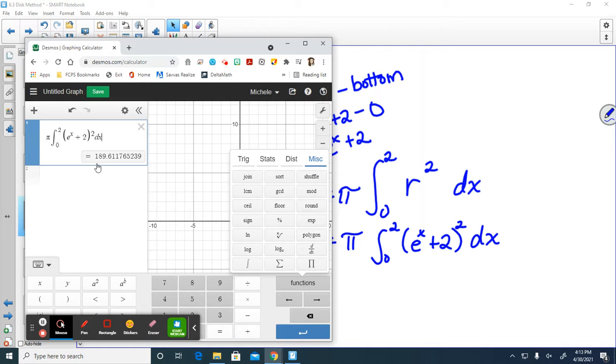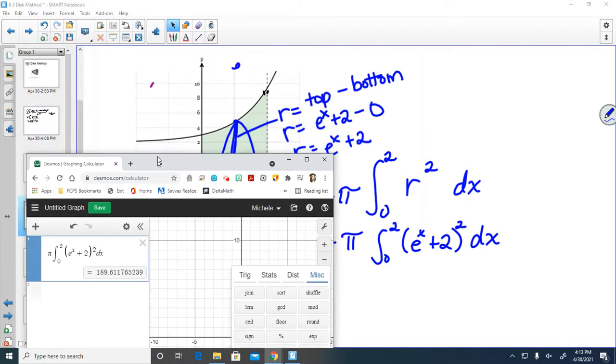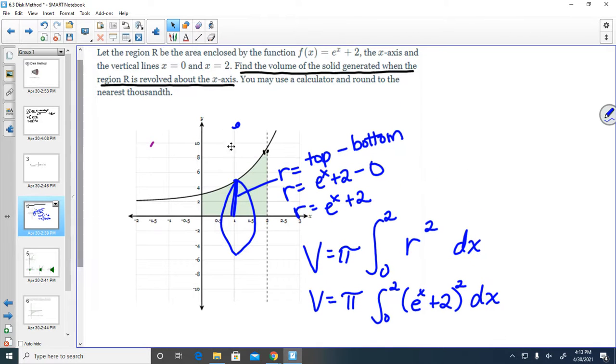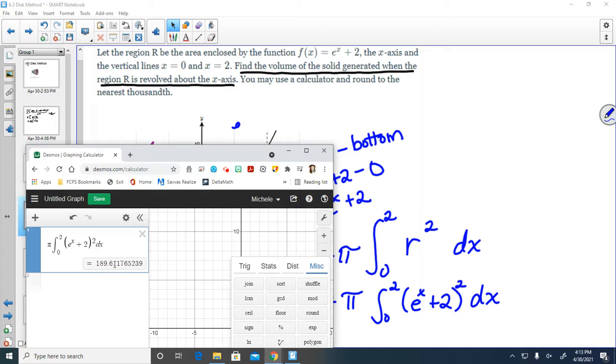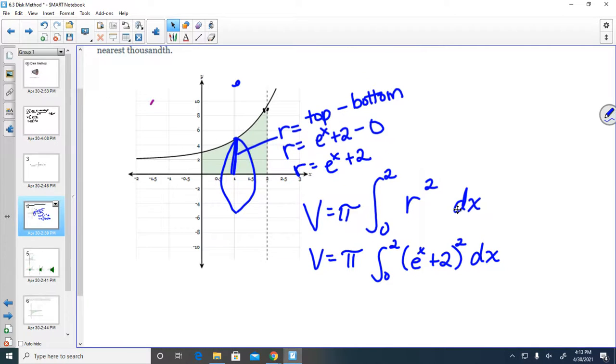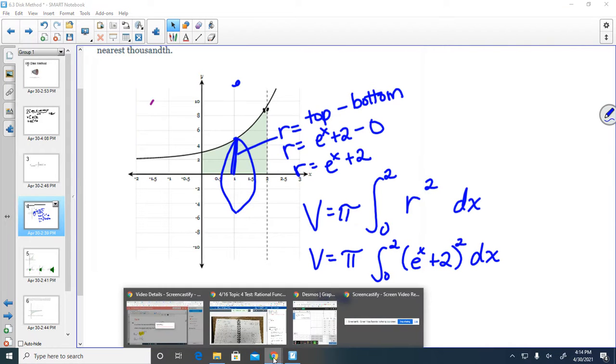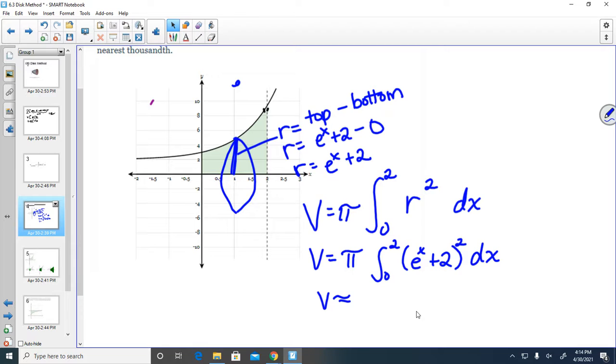So my volume is approximately 189.611, and I think I have to round this to the nearest thousandth. So 0.612. So volume is approximately 189.612 cubic units.